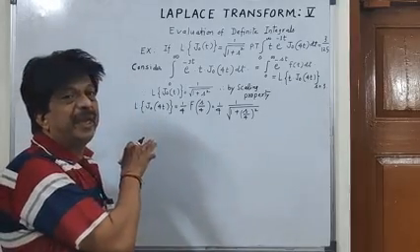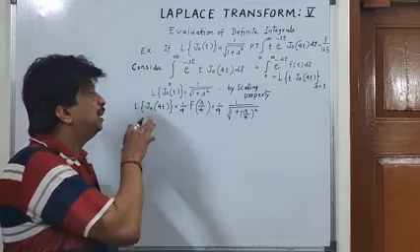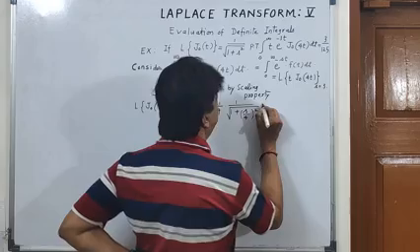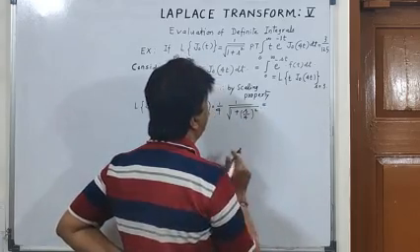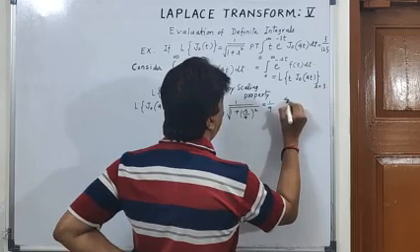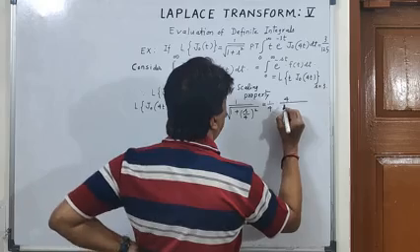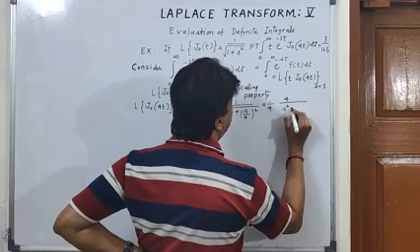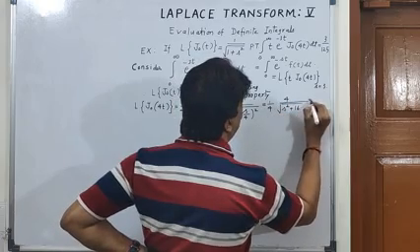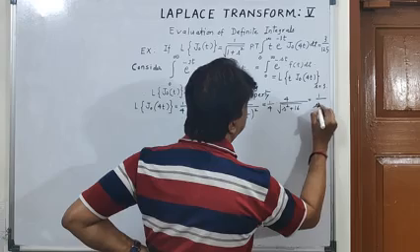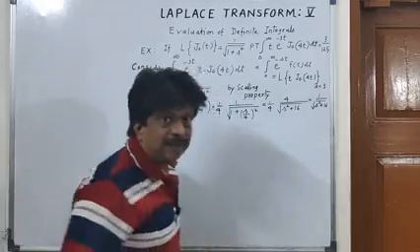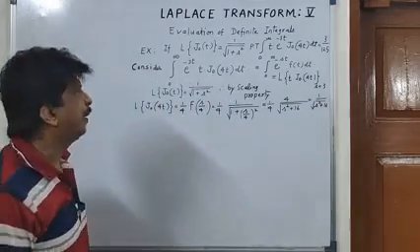That gives me the Laplace transform of J0 of 4t. On simplifying, this is equal to 1 by 4 times 4 upon under root of s square plus 16. So it is equal to 1 upon under root of s square plus 16, the Laplace transform of J0 of 4t.